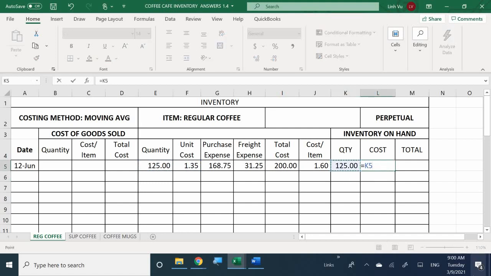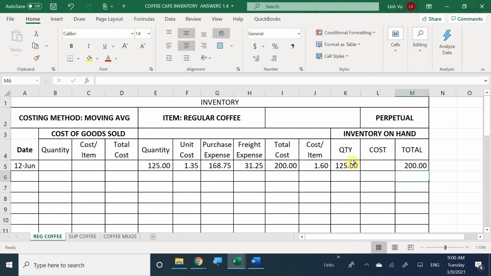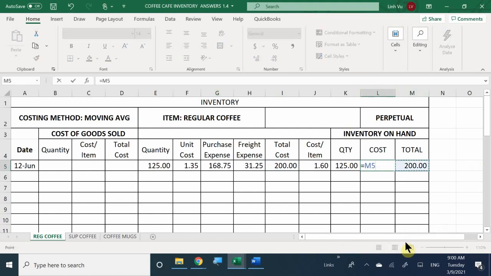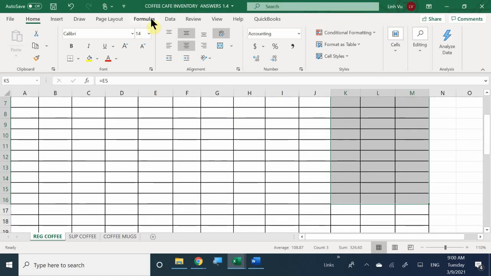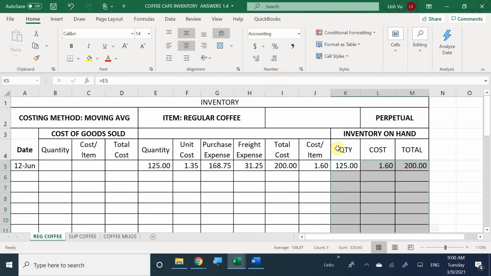So I'm going to move it directly into my inventory on hand so I know how much I have at all times. Now, because this is moving average, we're going to be constantly calculating my cost per item. So in this case, I'm going to enter my formula right here. I should always have a formula in the middle of my section here.